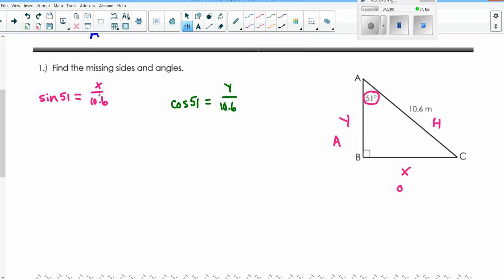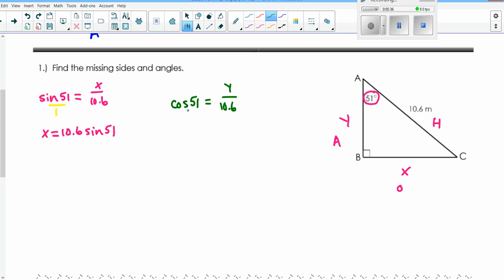Whenever you have x right here and you want to get rid of the denominator, this is division, so you multiply by 10.6. Or you can think about it as a proportion, which just means then you would cross multiply. So x times 1 is x. 10.6 times sine of 51. Okay, notice that x is by itself, so all I have to do is put that in my calculator.